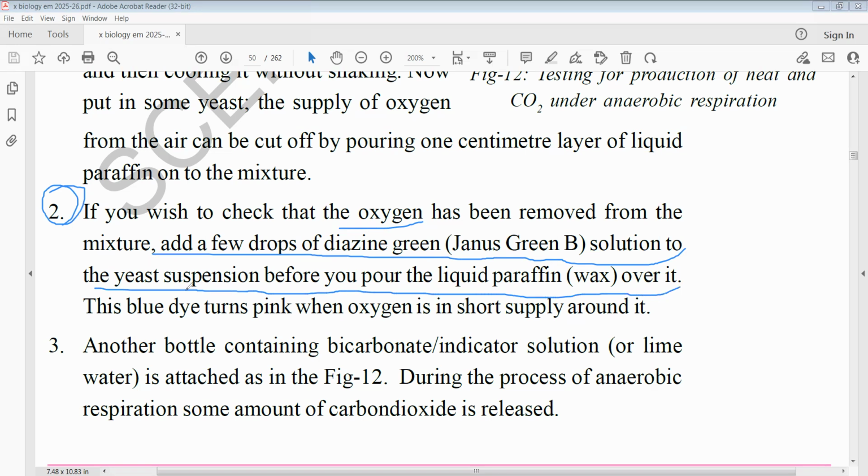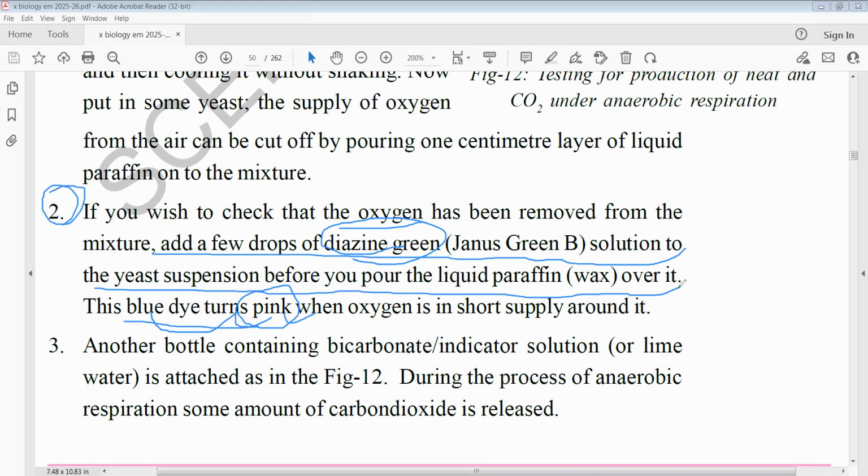So before pouring the liquid paraffin, you have to add a few drops of Janus green B indicator solution. When oxygen is not present in that solution, the blue turns into pink. The blue Janus green B turns into pink. So it indicates that there is no oxygen in the glucose solution.